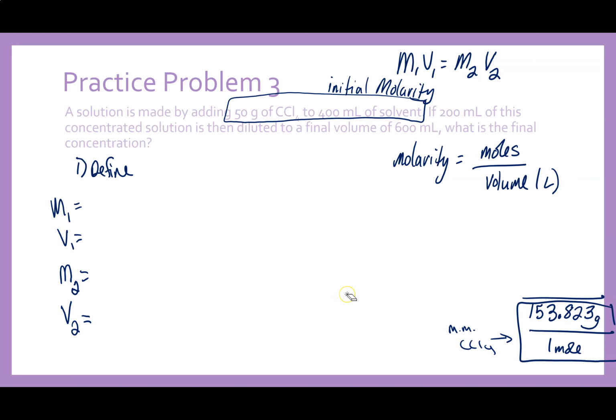All right, so we're still trying to work on our molarity calculation. So the next thing I'm going to do is start with my 50 grams of the CCl4. I need to get to moles. So I'm going to divide by the molar mass.